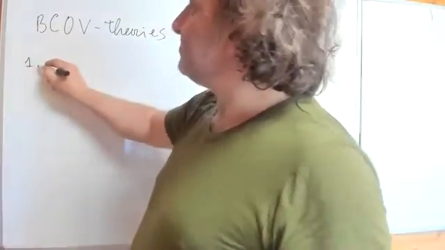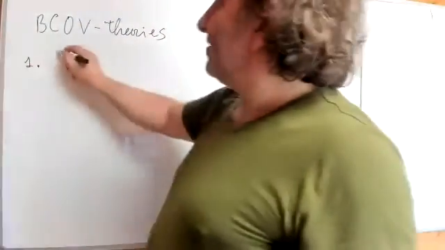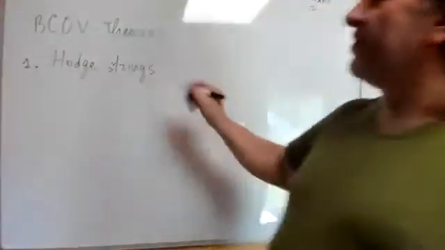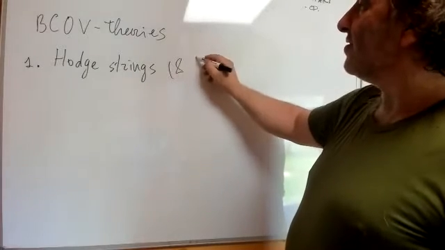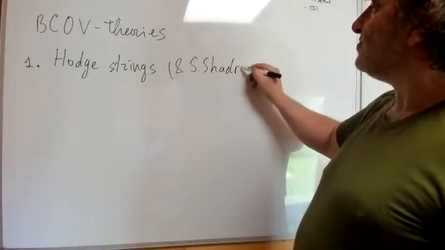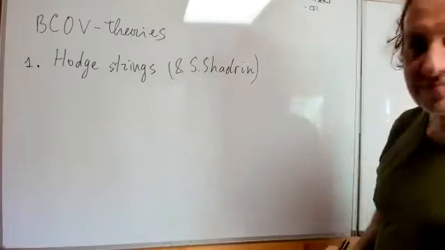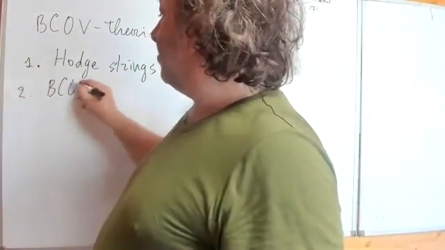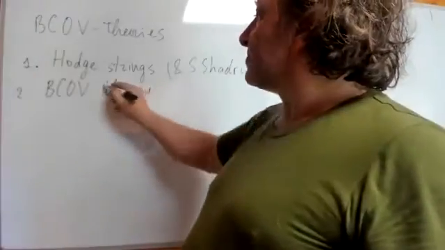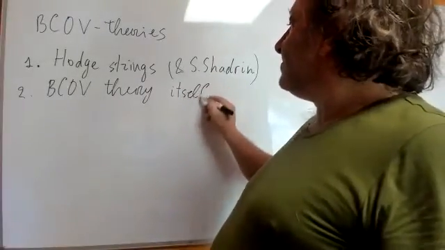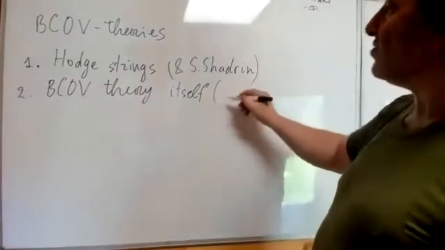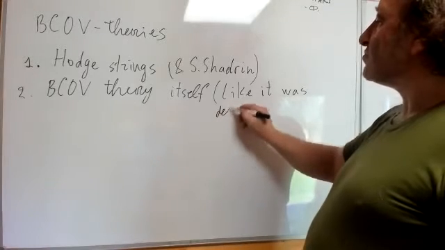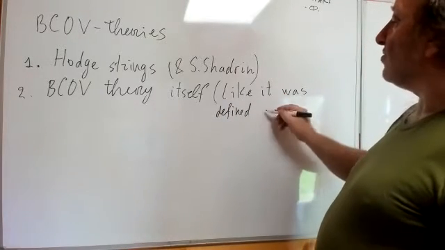First theory is the Hodge strings that I developed together with Sergei Shadrin. Second, it is BCOV theory itself, like it was defined by authors.